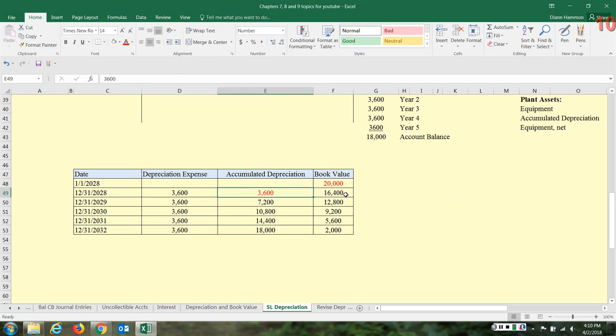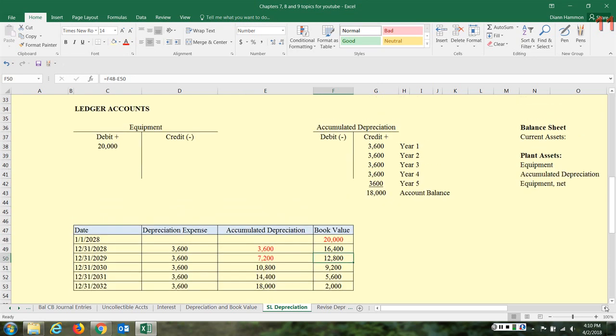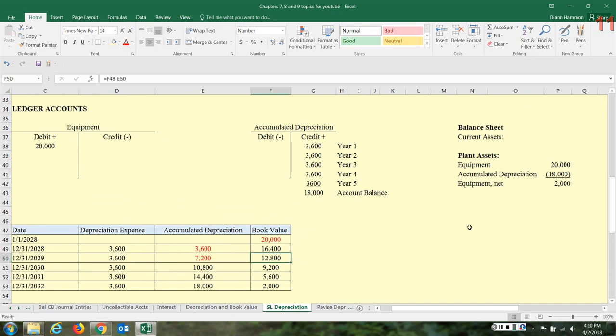So for year 1, it's going to be $16,400. Now for year 2, we have depreciated another $3,600. So now this accumulated depreciation is $7,200. Back to $20,000 minus $7,200. Balance now $12,800. Book value. This is the same as your net that would be carried over here on the balance sheet.